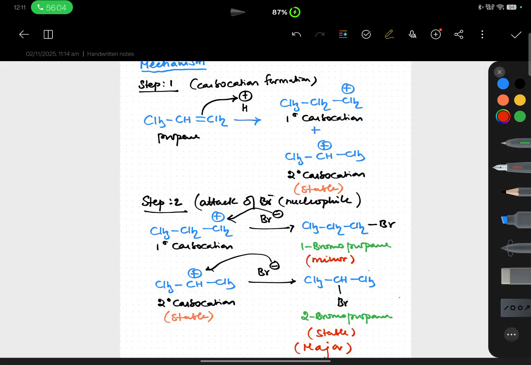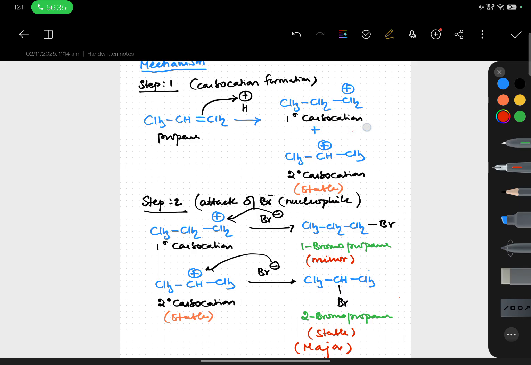So let me repeat the mechanism. Step 1, carbocation formation. So the propene, the double bond gets added to the hydrogen. Thereby H plus will be added to the central carbon, and you will get a positive charge in the terminal carbon. Or if the hydrogen is added to the terminal carbon, you will get a positive charge in the central carbon.